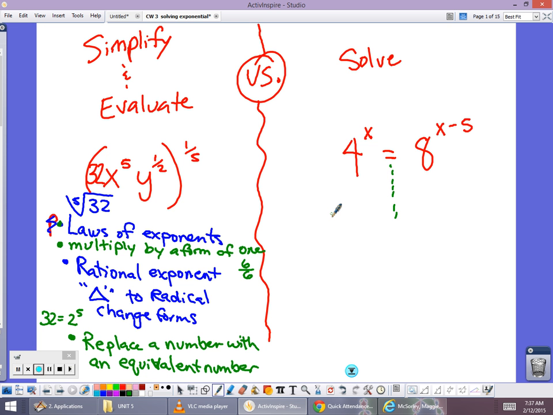So I can get everything on one side. Okay, so our goal now has changed, and that is, our goal is to isolate x. What else? If we have sides, what can we do? Yeah, Jennifer?